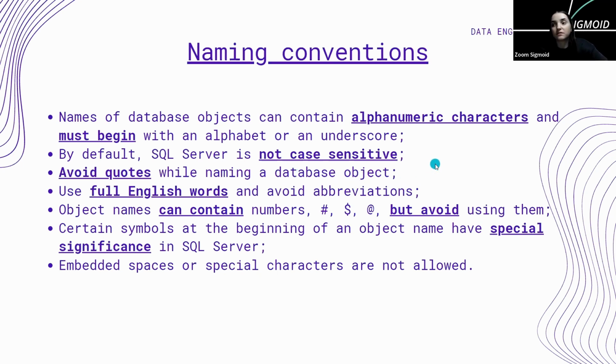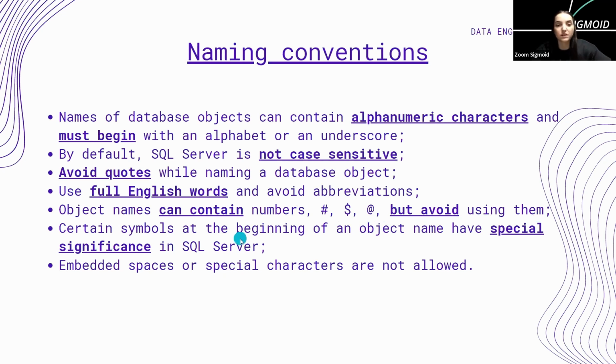If it's date of birth, then you write the whole words, date of birth. Object names can contain numbers, the number sign, the dollar sign, and the at sign, but avoid using them.